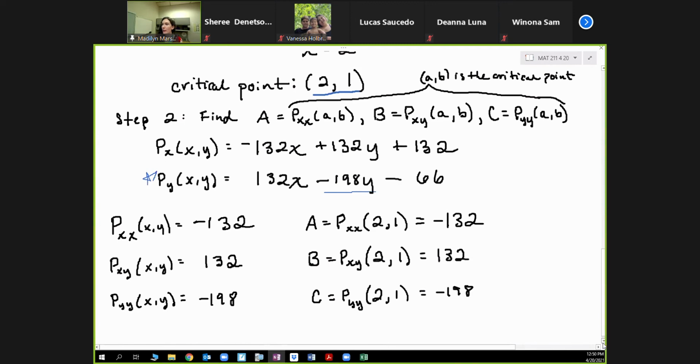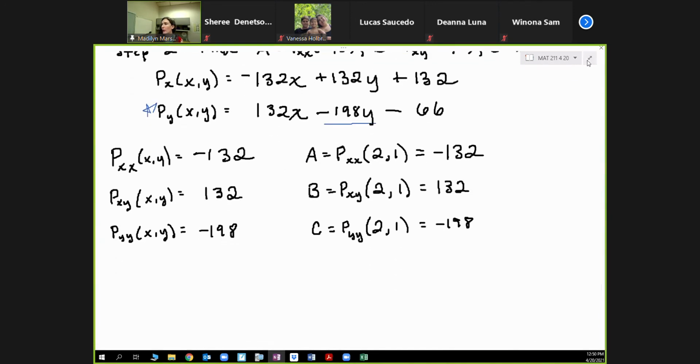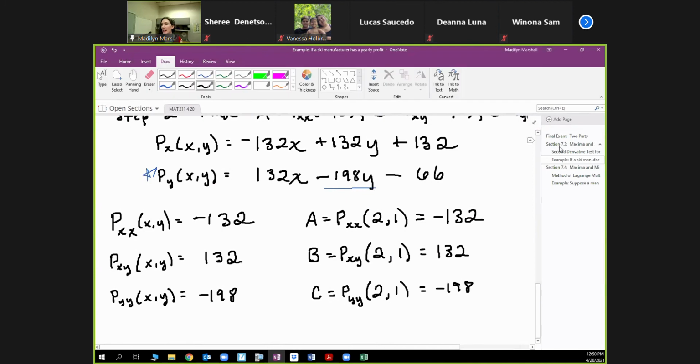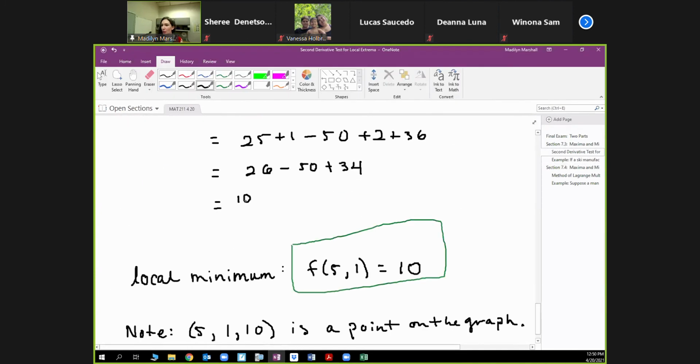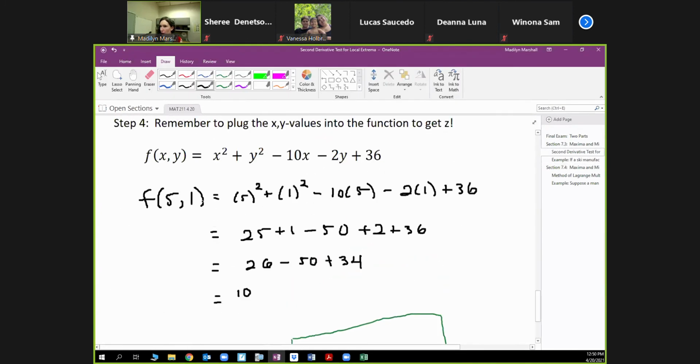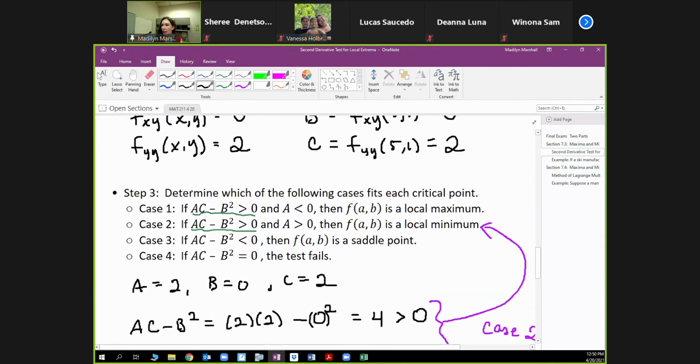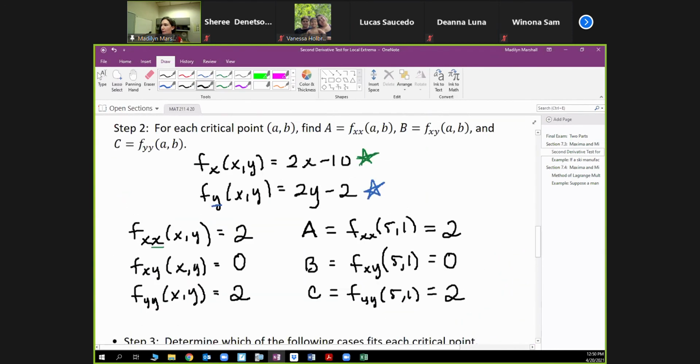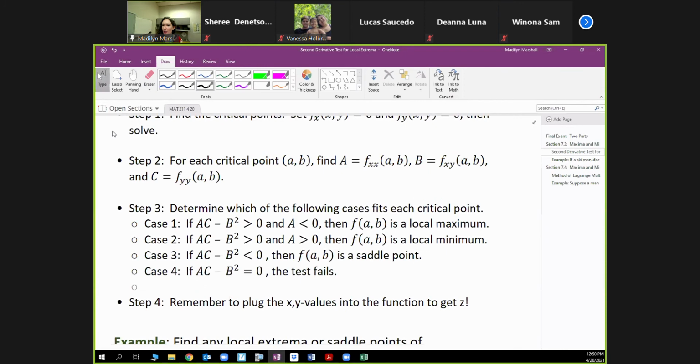So for step 3, I am going to go back and just copy and paste those cases. And I'm going to put up a poll for you to choose which case applies here. I'm going to copy and paste them so that they're handy and I don't have to write them.